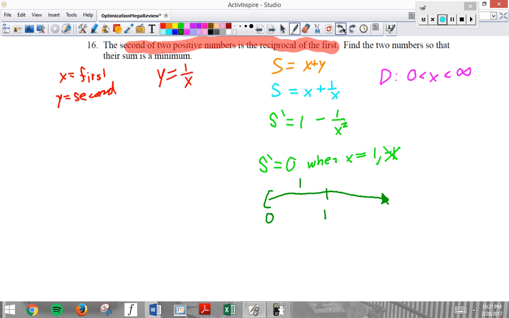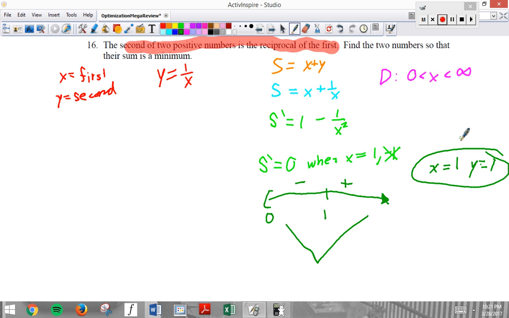Other way around. Negative. When x is like 100, this is a tiny number, and then this is positive. Decreasing, increasing. X equals 1, y equals 1. That's the best you're going to do. Makes sense. Okay. For the sum to be minimized, 1 is the natural minimum here.